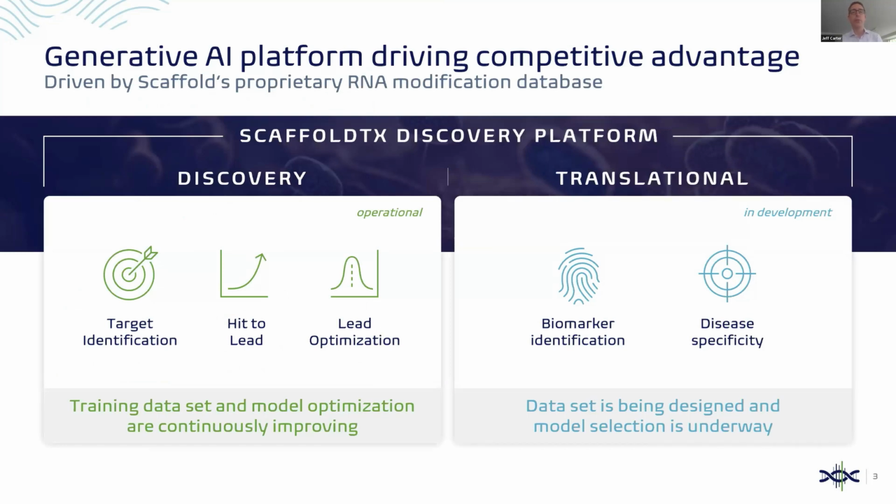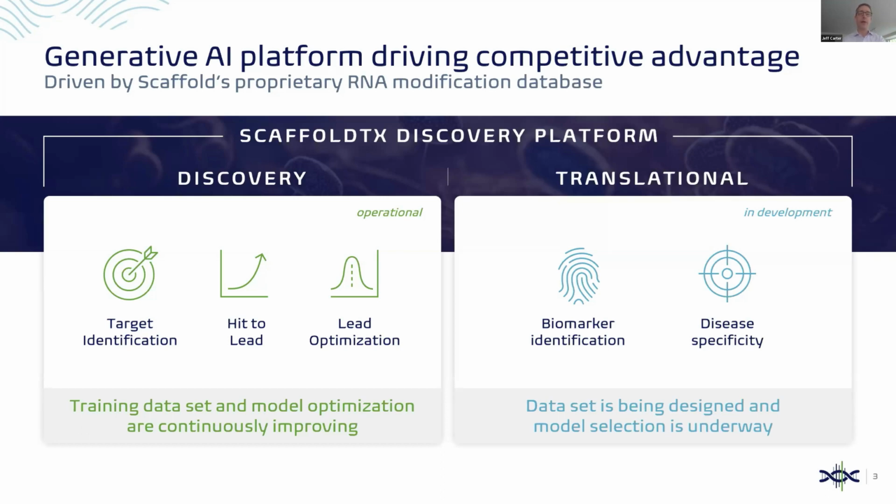Of course, with biotech's tendency to not really be totally current on technology, I feel it's important to put front and center that we're aggressively deploying generative AI platforms into our research programs, and they actually move things forward significantly.